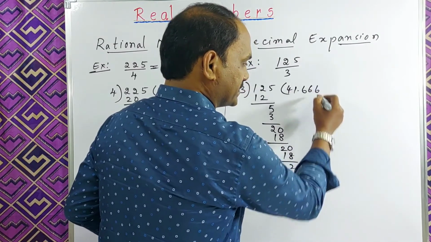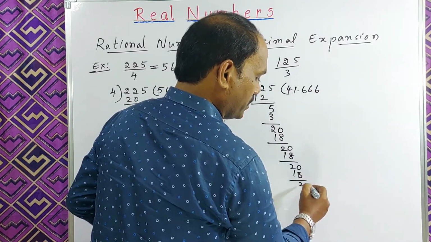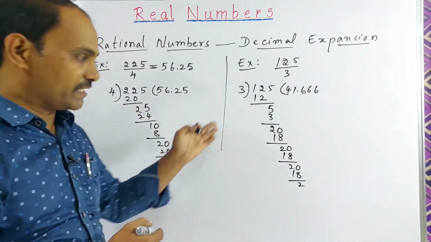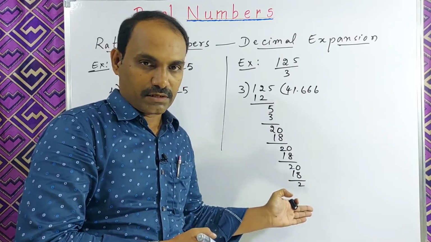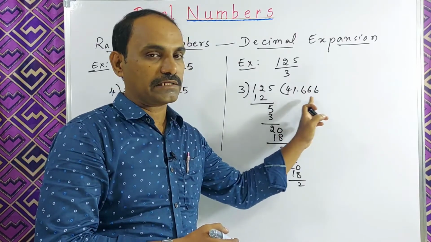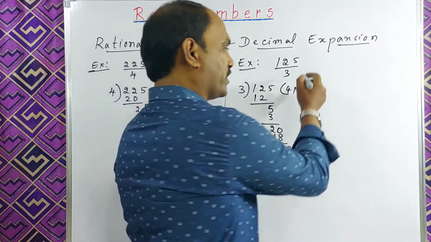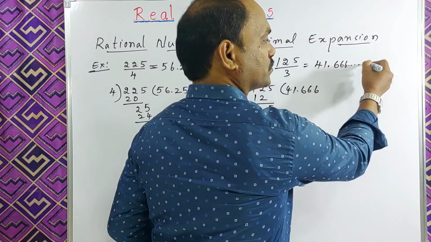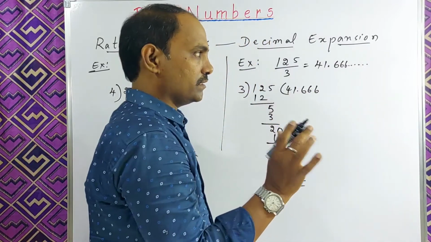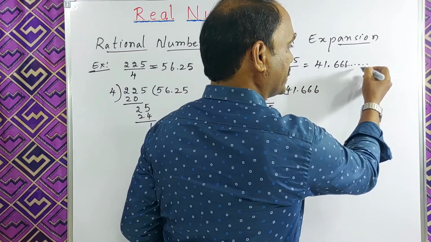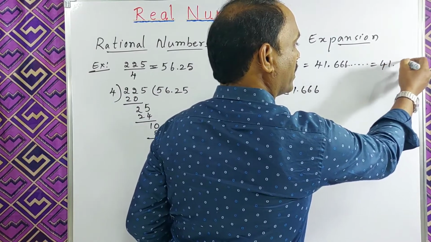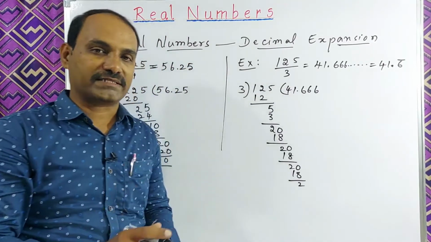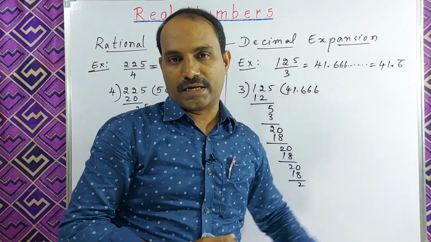Remember, in the first example the remainder was 0, but here the remainder is repeated, and the decimal digit is also repeated. So how can we write this? 41.666 and so on. It cannot end. So we write 41.6 bar, with the repeated part of the decimal under the bar.